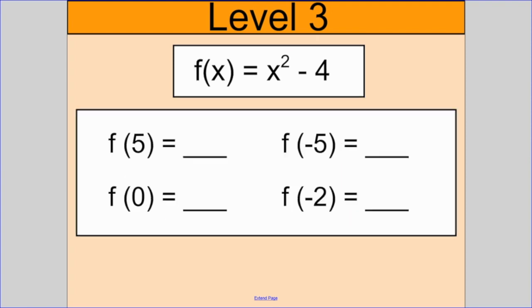All right. Our next example here, our function f of x equals x squared minus 4. We are given our input again, and we need to find our output. We're given our x, and we're going to find our output here. So we'll start off.